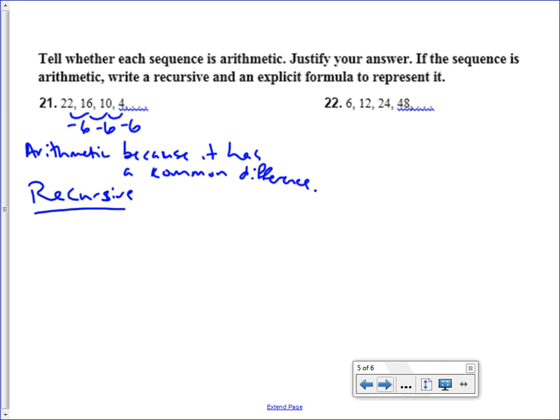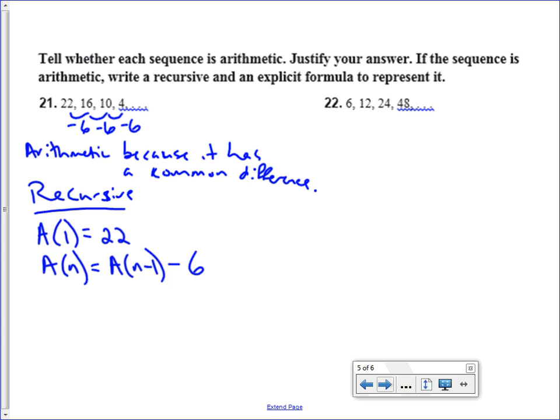Okay. Recursive formula. First term is 22. Any term after that can be found by taking your previous term and minusing 6. Okay, so that's your recursive.